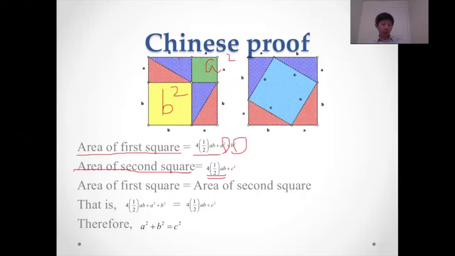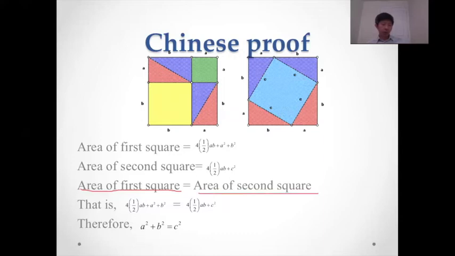So 4 times 1/2 AB, and here this is C squared, right? We can see the area of the first square is equal to the area of the second square.